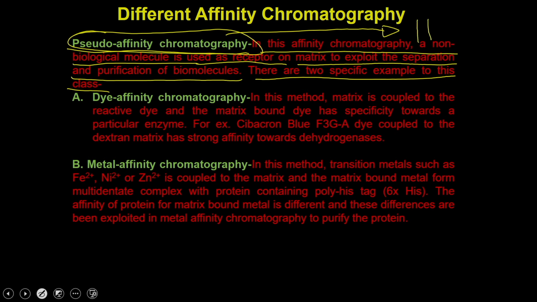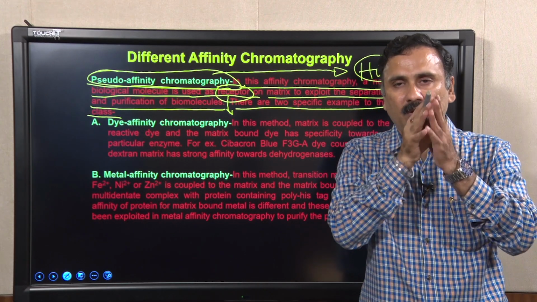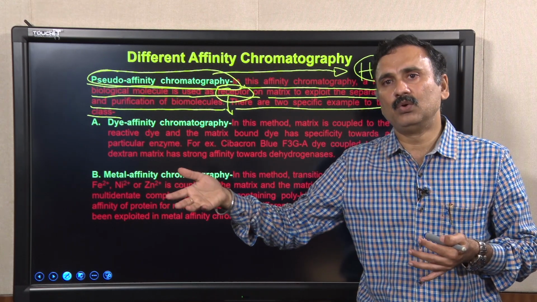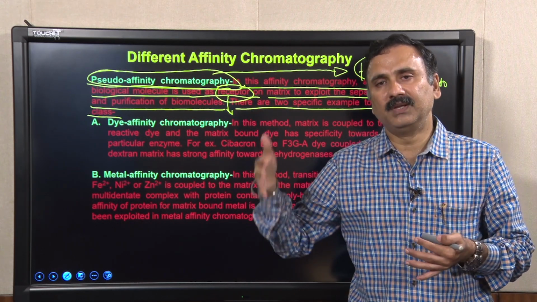If I say, pseudo affinity chromatography is man-made affinity chromatography, because all these receptors do not exist in nature. What people have found is that instead of utilizing the actual receptor or the ligand, you can use a chemical molecule which is also going to do the same job.